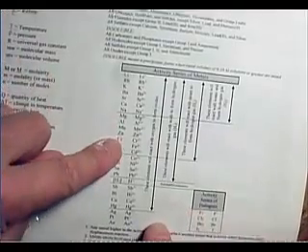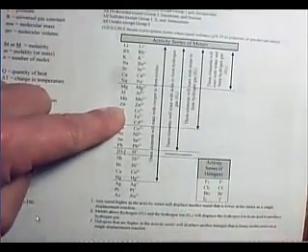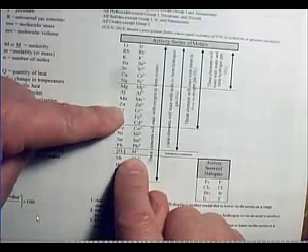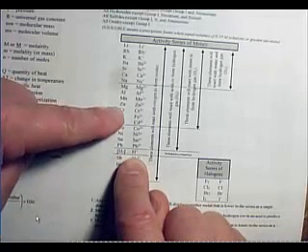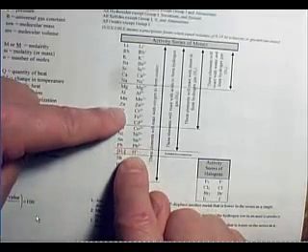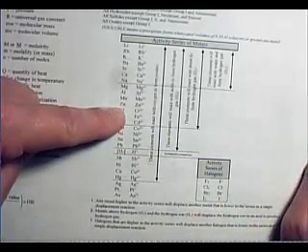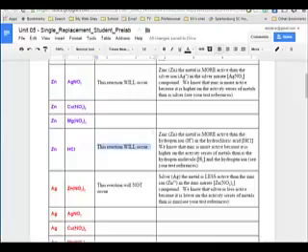Zinc is located here on this activity series, and there's the hydrogen ion in an acid. So zinc, the metal, will displace hydrogen in an acid. That's my reasoning. If you go back here and look at what I said, I said that zinc, the metal, is more active than the hydrogen ion in the hydrochloric acid.